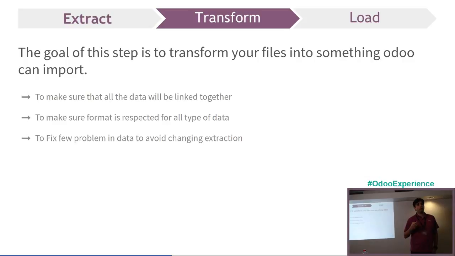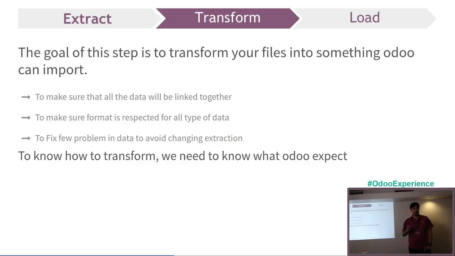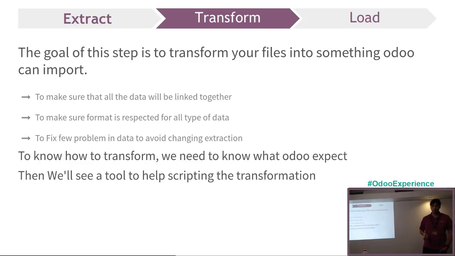And you have the opportunity to fix a few problems in the data, like typos, merging some data together, removing duplicates. But to know how to transform, you need to know what Odoo expects. Also, I will show you a tool of mine that I use for transforming a CSV into another CSV.